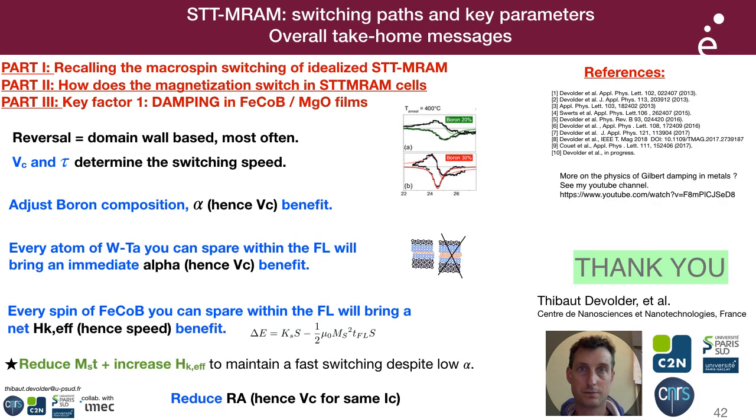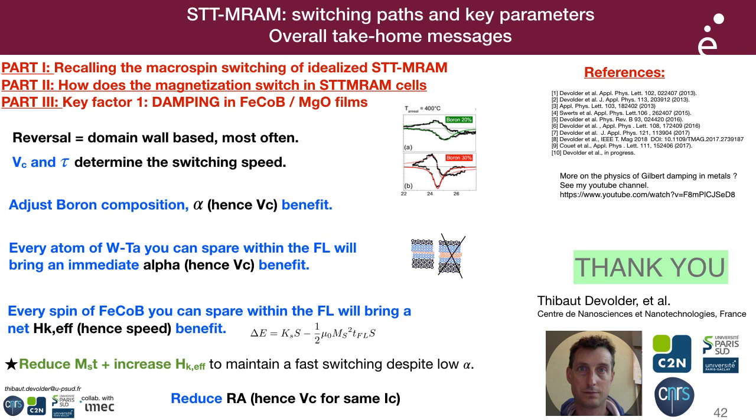And so this brings me to the summary of my talk. That was about the switching paths in STT-MRAM and the key parameters that could be used to engineer the switching paths. I spent some time explaining the macrospin switching process because the VC, so the threshold voltage of macrospin, is a relevant parameter even when the reversal is very non-uniform.